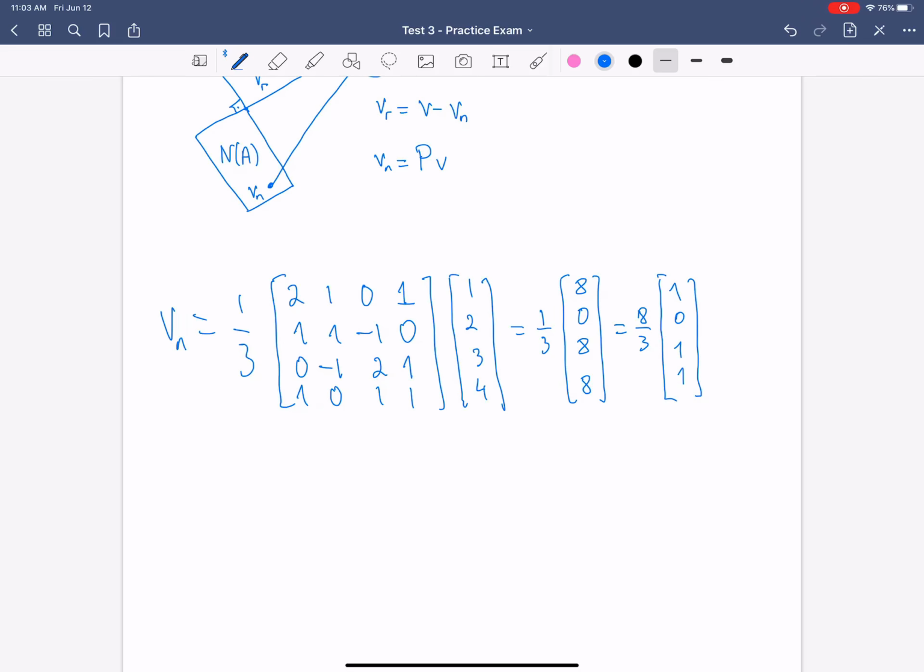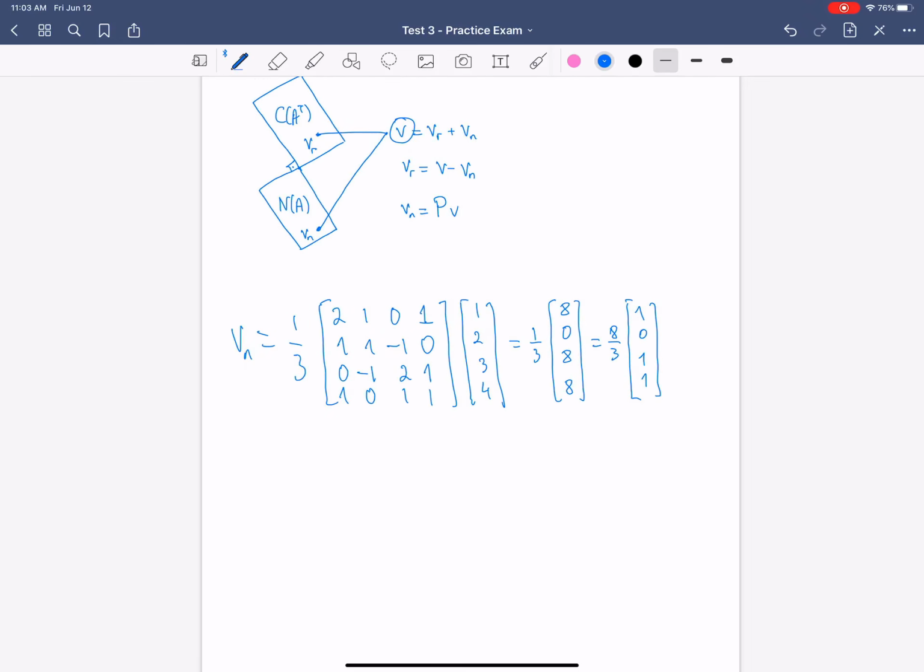Interesting. It turned out to be a multiple of the last column. Okay, make sure you double check that computation, that I didn't make a mistake anywhere, although I don't think so.